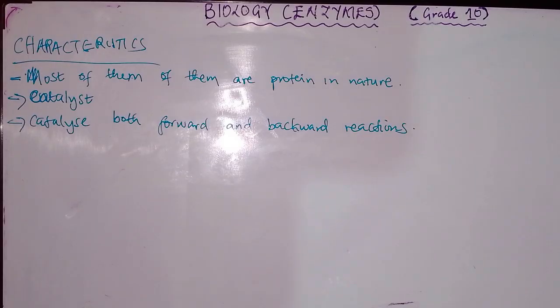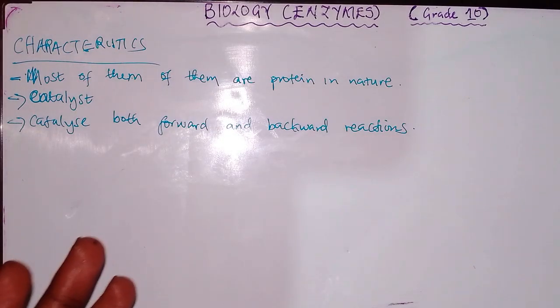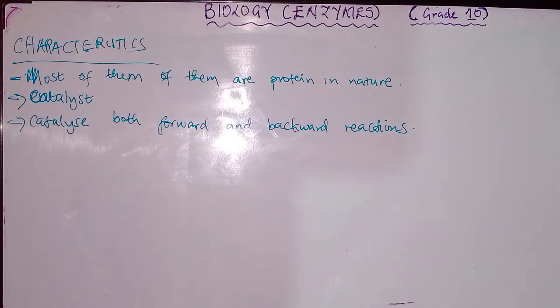So what do we mean when we say they catalyze both forward and backward reactions? Meaning some catalysts can be used to break down substances, while others can be used to build back the substance. So this is the third characteristic of enzymes.